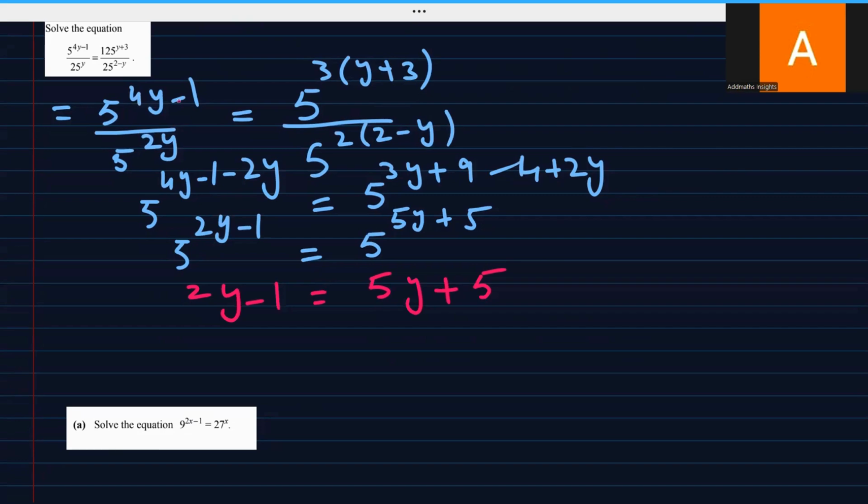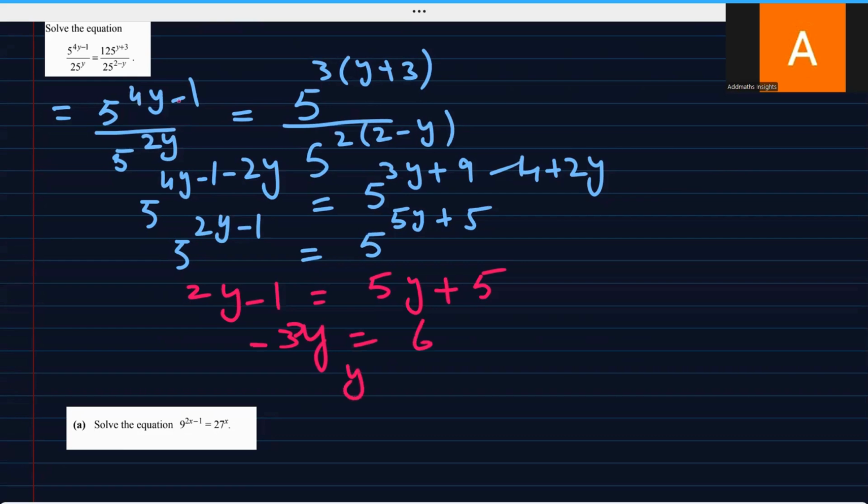So you write here 2y minus 5y is 3y, and this becomes minus 3y, and 5 plus 1 becomes 6. So y is equal to minus 2, right?